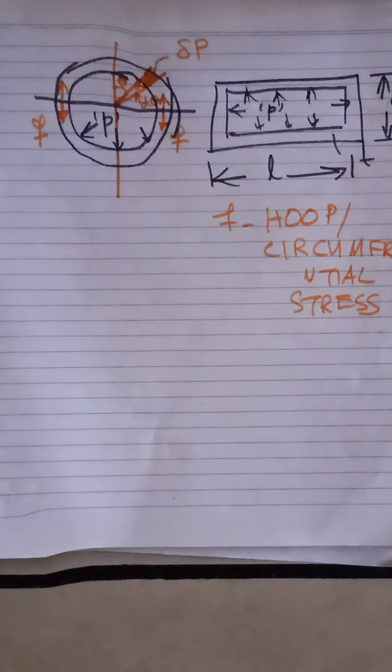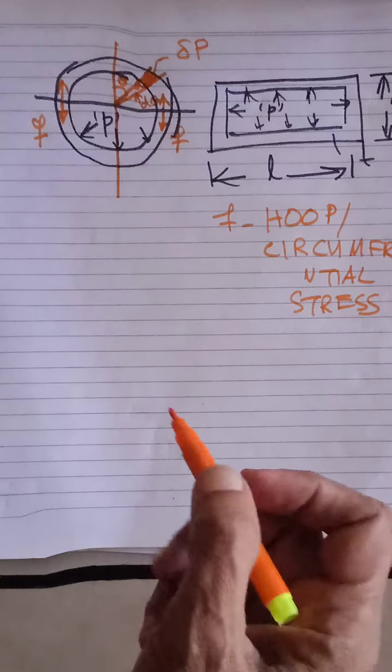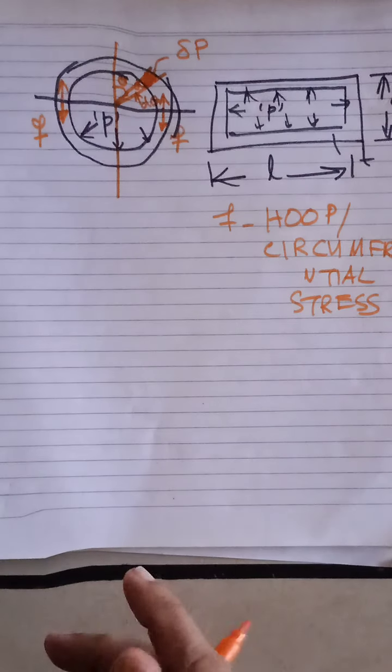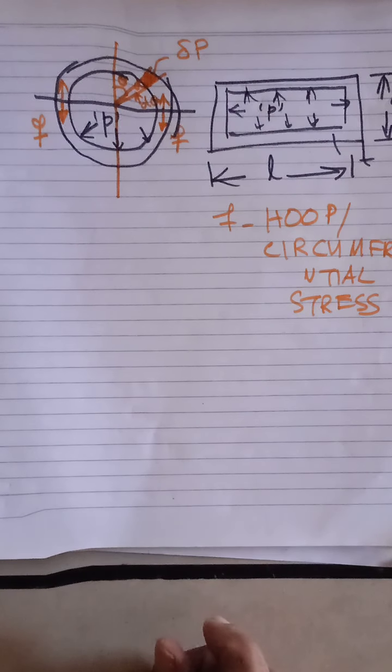This is one stress which is acting on the wall of the cylinder along the diameter throughout the length of the cylinder. I will explain by showing you how this is developed. Now let us understand the derivation first.